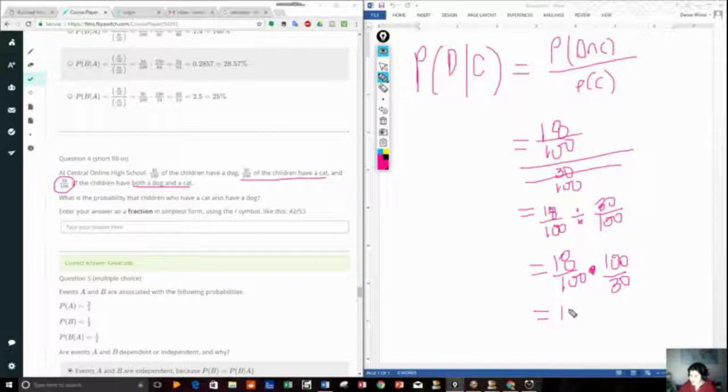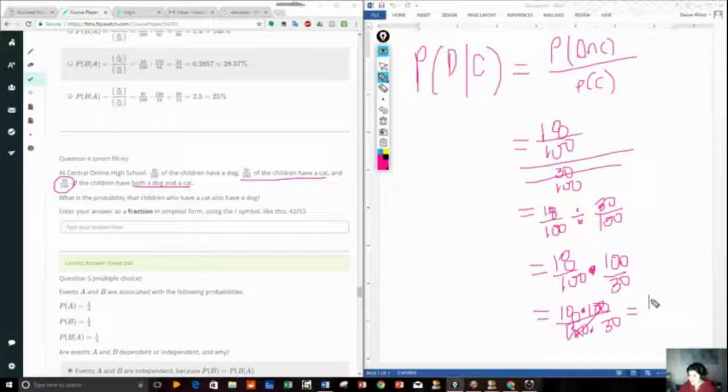I'm going to leave it as 18 times 100 over 100 times 30, because the 100 over 100 reduces down to 1.